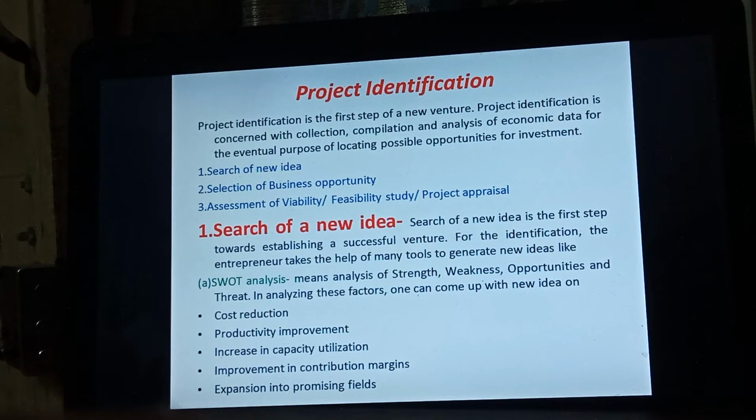Suppose the capacity utilization at present is very less, so how to improve it? Improvement in contribution margins, that is, how to improve the margins. Expansion into promising fields. Suppose an upcoming field is there, so how to enter that promising field, because there are always opportunities in new fields.